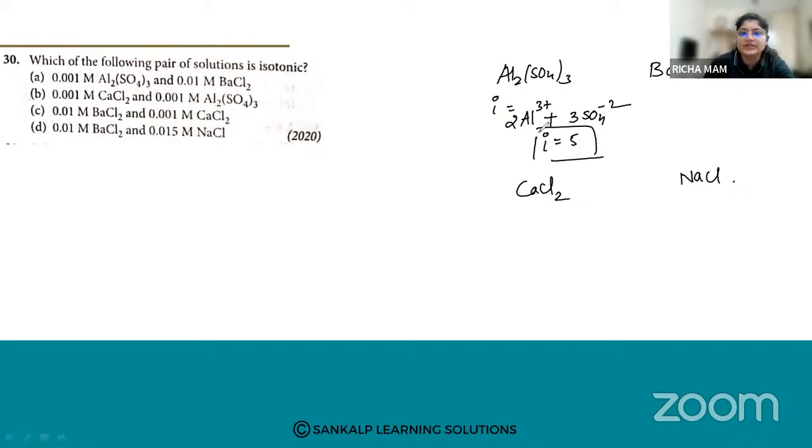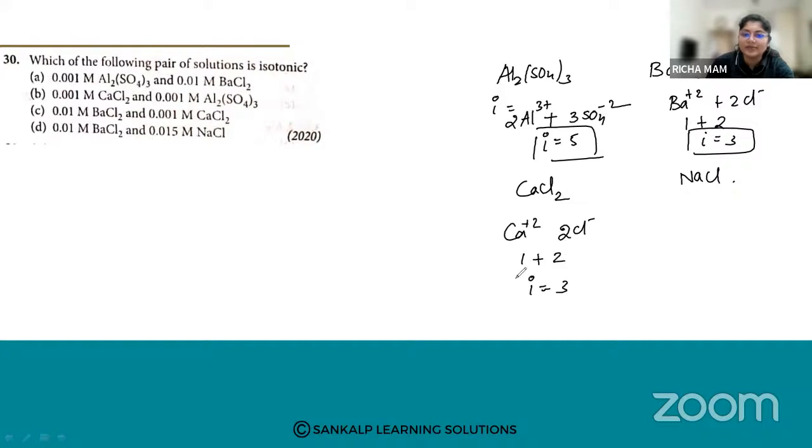Then barium chloride: Ba2+ and 2Cl-, so 1 plus 2, i is equal to 3. Then calcium chloride: Ca2+ and 2Cl-, so 1 plus 2 again, i is equal to 3. Then NaCl is Na+ and Cl-, so 1 plus 1 is equal to 2. So these are the values.